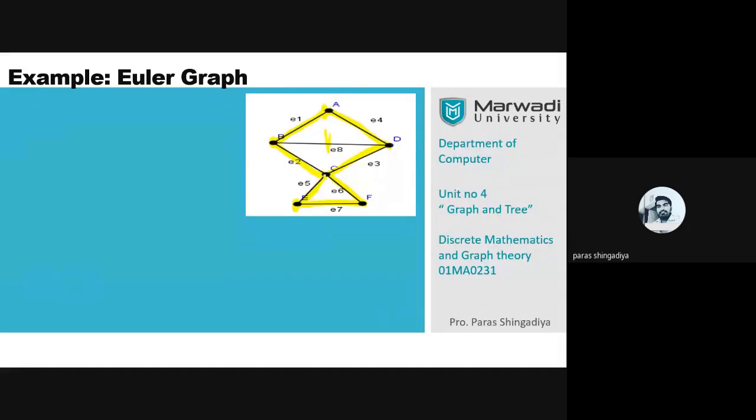You can start with C, or with D, any place. But when we consider any walk, you can complete the closed walk, but one edge will be missing.